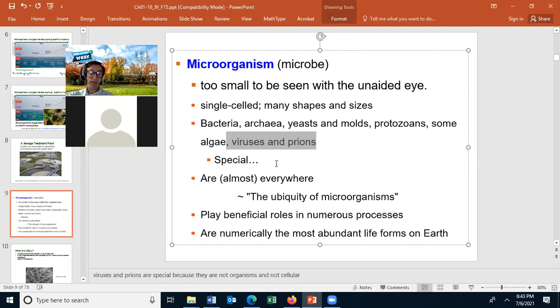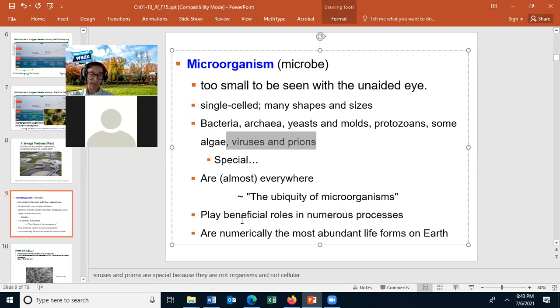Microorganisms are almost everywhere. So we can call them the ubiquity of microorganisms. Almost any place you look on the planet Earth, assuming you're looking, someplace around the surface, you can find microorganisms almost everywhere. They play beneficial roles in numerous processes, and I've spoken about 3 of them.